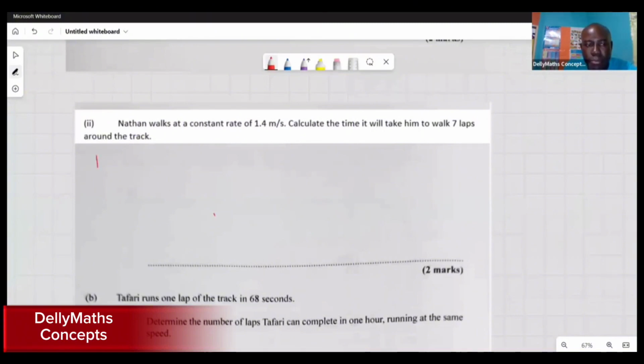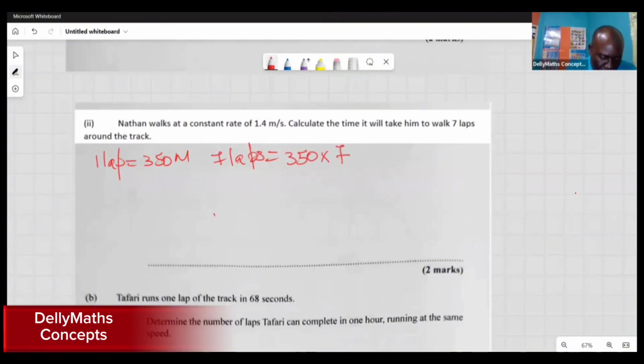Remember that 1 lap is equal to 350 meters. 7 laps is equal to 350 times 7, and what are we getting there? 2,450 meters. So he's going to be running 2,450 meters at a speed of 1.4 meters for every second.